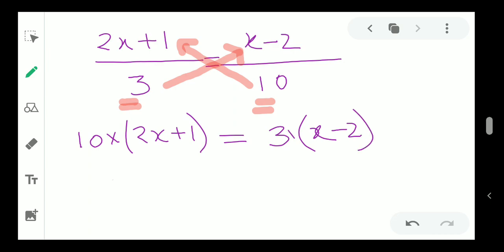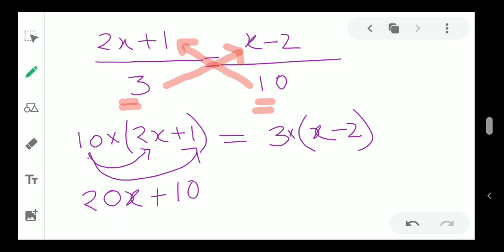In the next line, one more thing I have told you already, whenever multiplication is there, you have to multiply with both, first with 2x, then with 1. So 10 into 2x is 20x, plus is there in front of it. 10 into 1 is 10, is equal to 3 into x, that is 3x, minus is there, so 3 into minus 2 is minus 6.